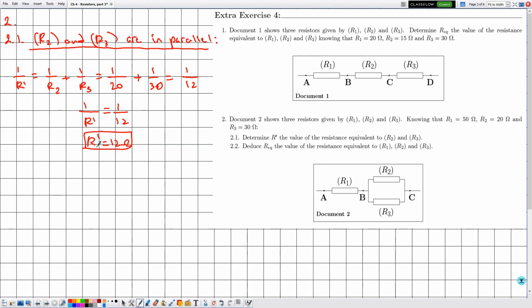And as we have said previously, whenever we determine an equivalent resistance, we need to represent this resistor in the given electric circuit.